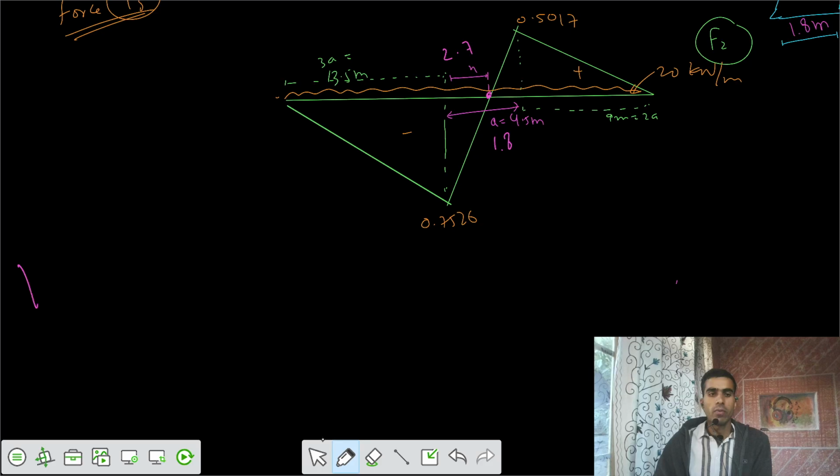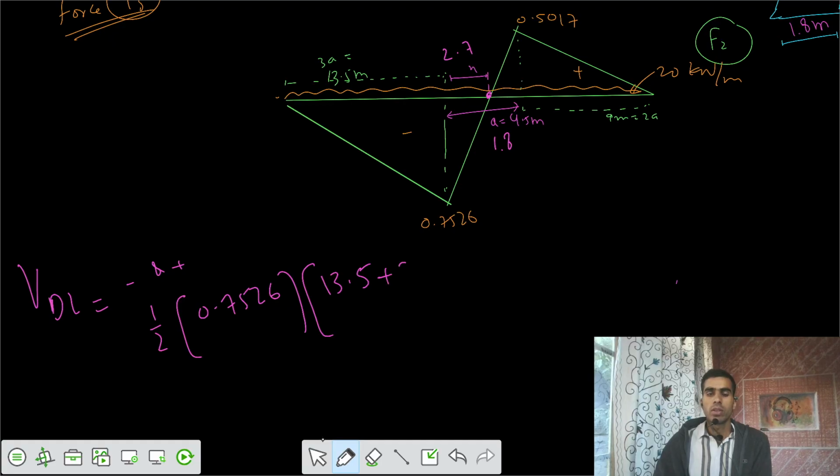So if I write V because of dead load, that's equal to the negative and positive area summation. I would say 1 by 2, one of the triangles having ordinate of 0.7526 into a length of, from the negative side, 13.5 meter plus 2.7 meter, then the intensity of UDL, that's 20 kilonewton per meter. This is the negative area.